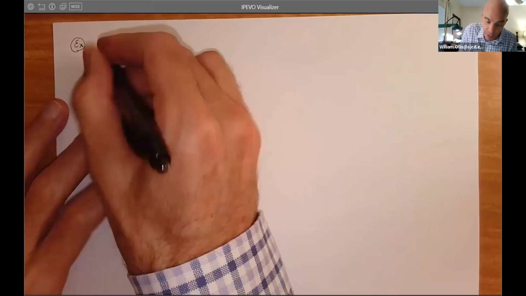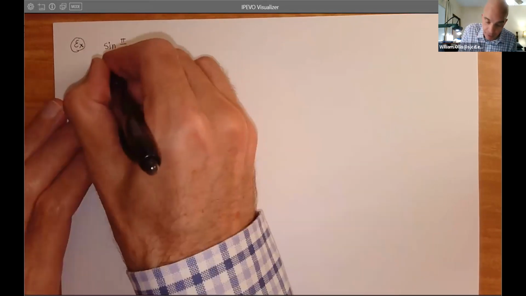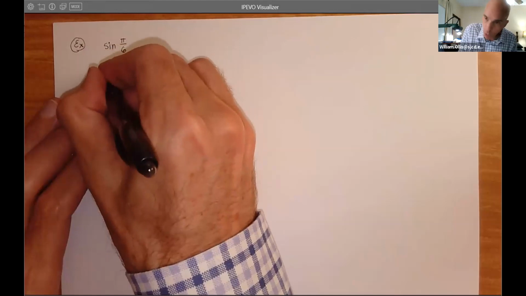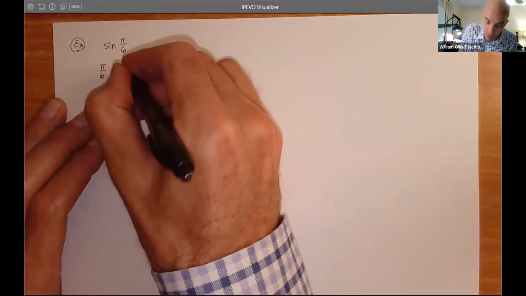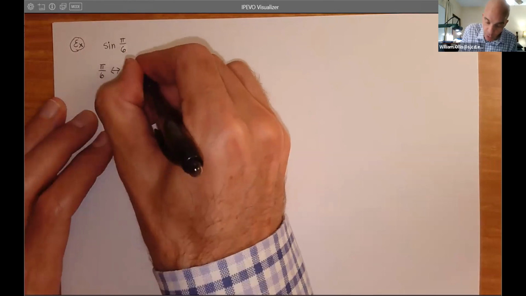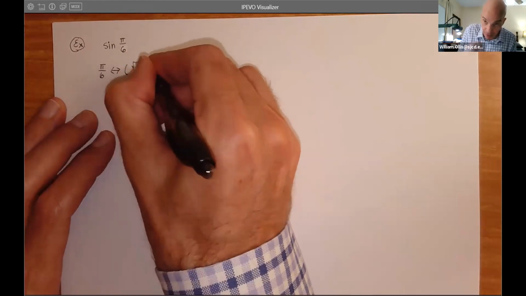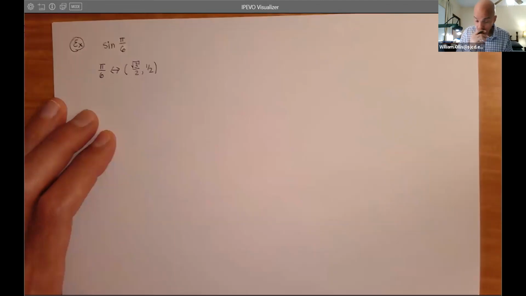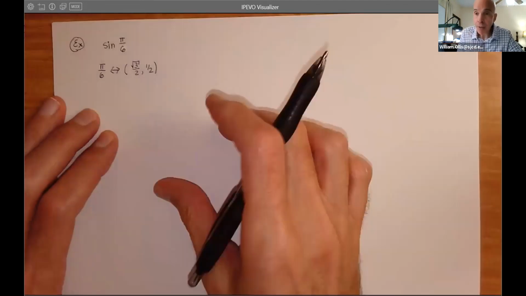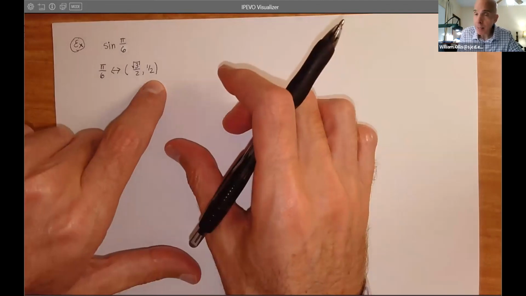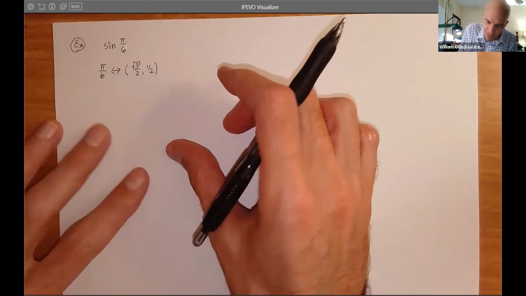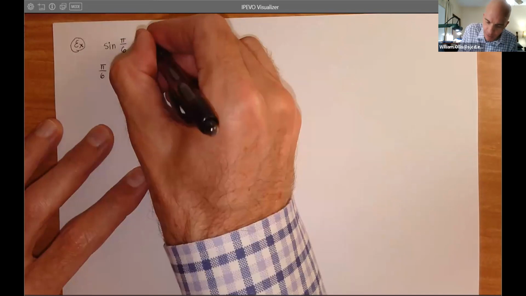And so we would say the t value corresponds to the terminal point square root 3 over 2, 1/2. And then, of course, last week, Professor Ron said, okay, well, when we define the sine of t, it's the y coordinate of the terminal point. So you're like, how simple is that? Sine of pi over 6 is 1/2.